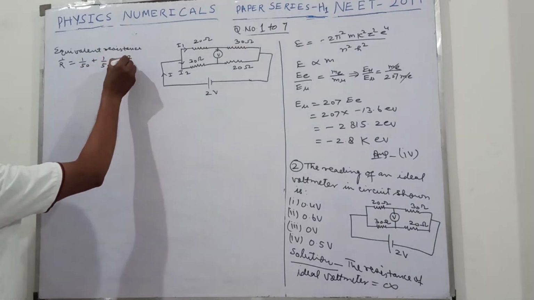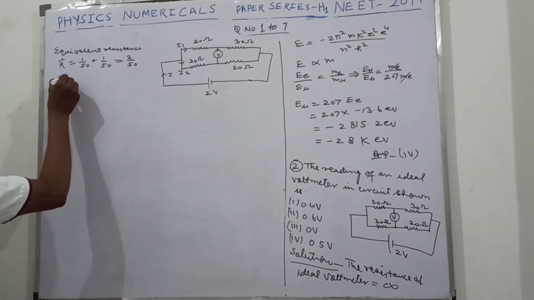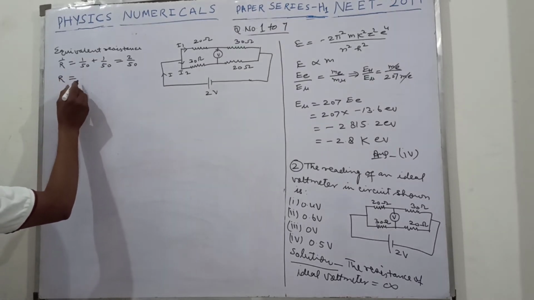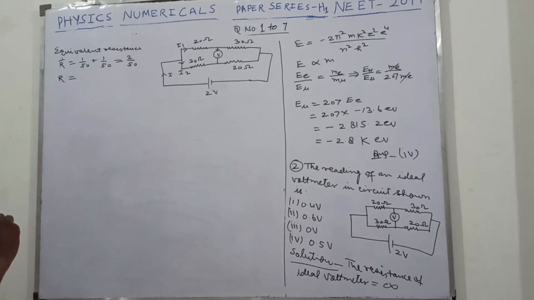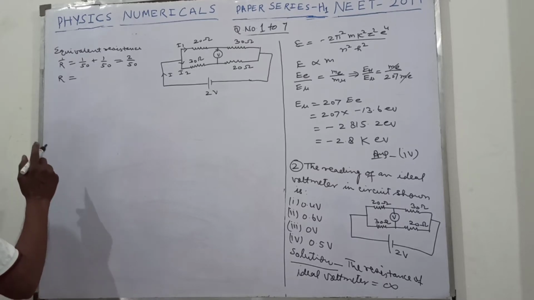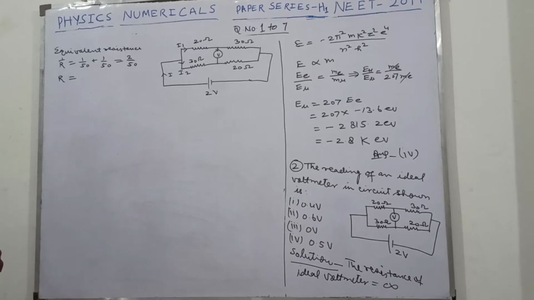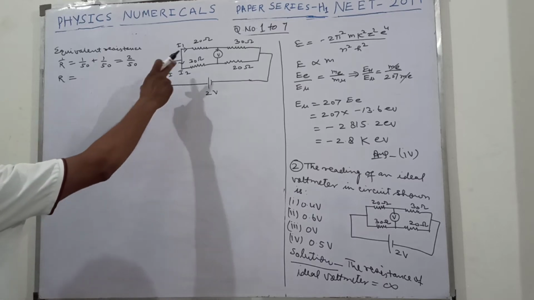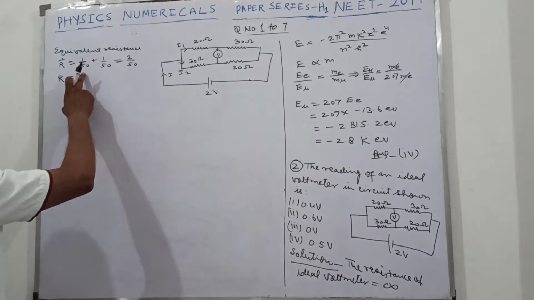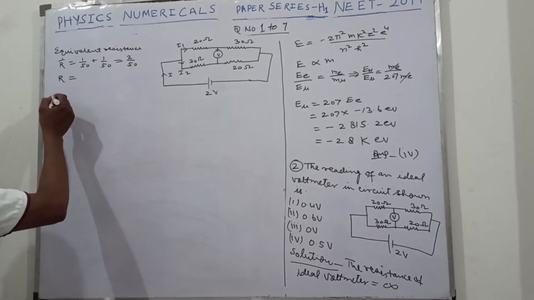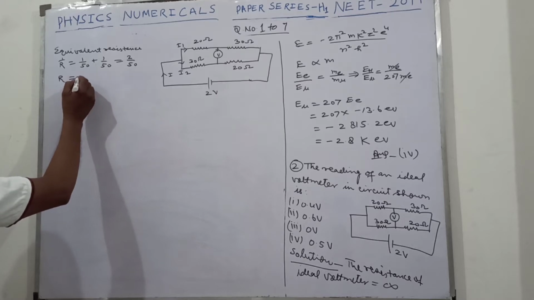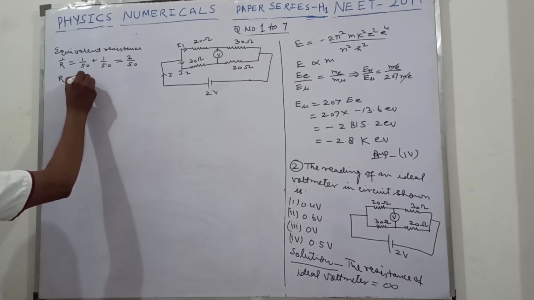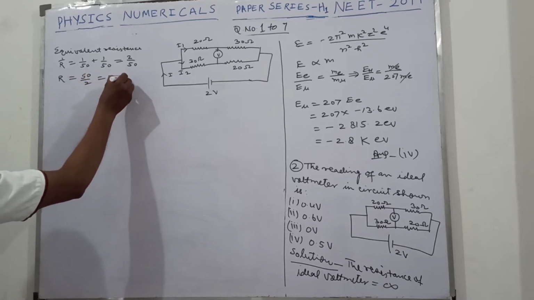The 50 ohm are in series, then both arms are in parallel. So this is equal to 2 upon 50, and R is 50 upon 2, so this is now 25 ohm.